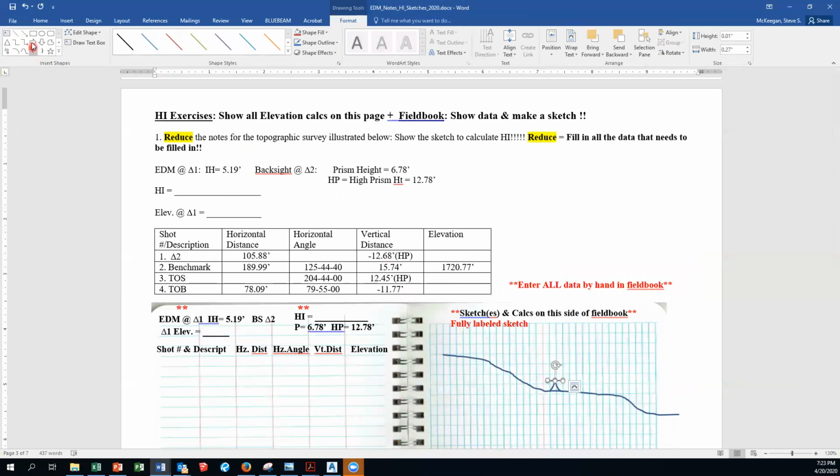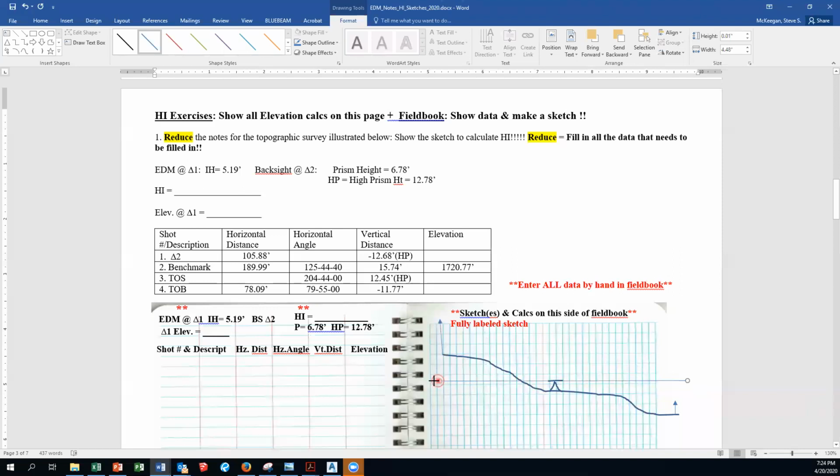Okay. And this is going to be my prism. And then I'm going to have a prism down here. This prism is actually the high prism. That's supposed to be straight up and down, trust me. And so the HI is right there. That's an imaginary plane, if you will.